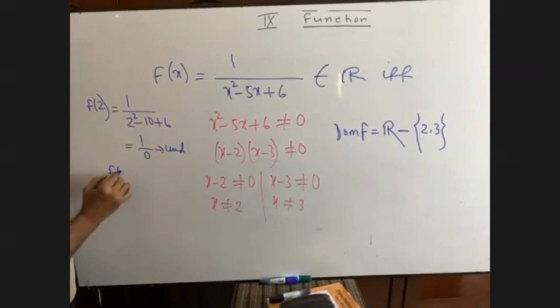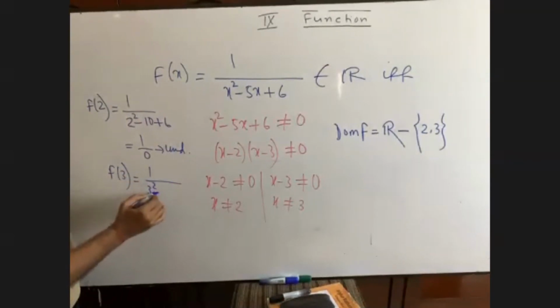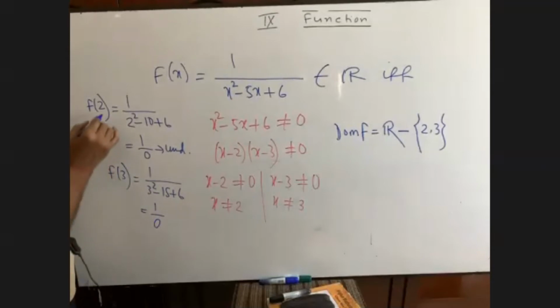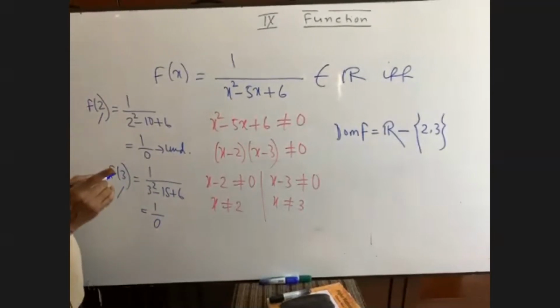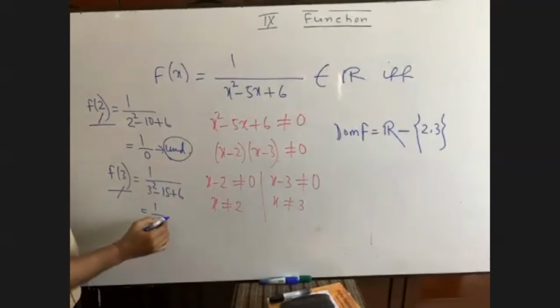Similarly, if I take x equals 3, we'll get 3 square minus 15 plus 6, and we are again getting 1 by 0. So for x equals 2 and x equals 3, f of x is undefined.